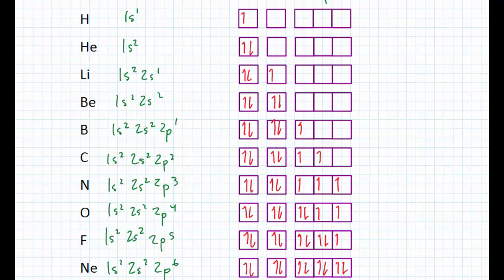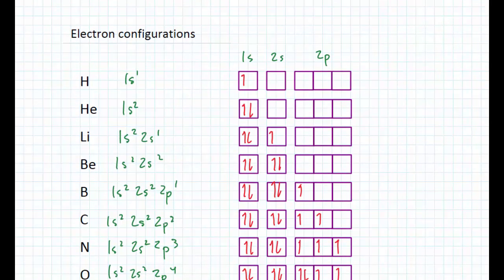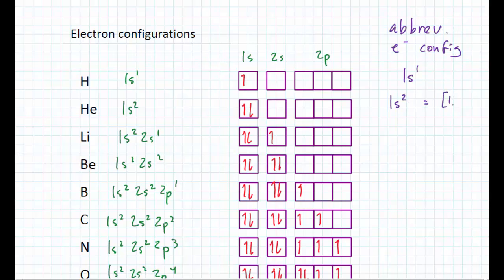Neon is a noble gas. Helium is a noble gas. Over here to the right, let's make abbreviated electron configurations. There's no abbreviating hydrogen, that's just 1s1. But helium, now that that's a full noble gas worth, we can just write in square brackets helium.